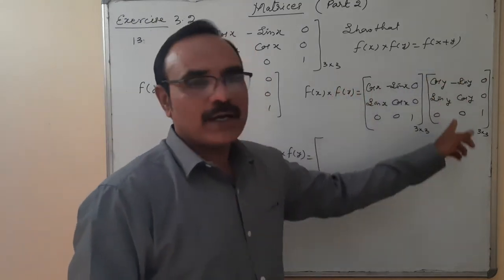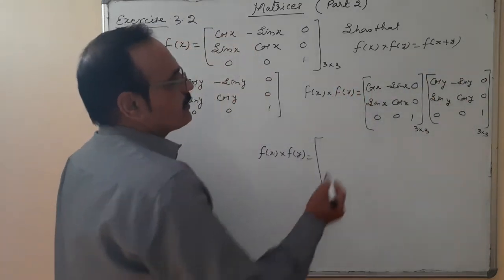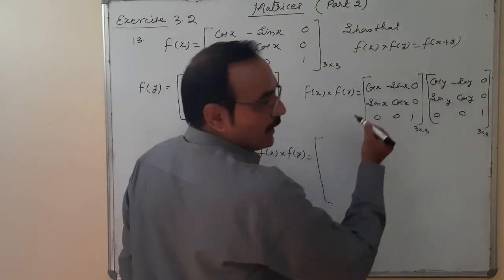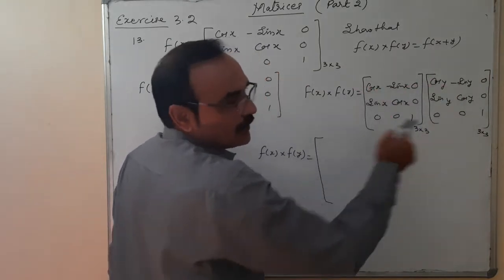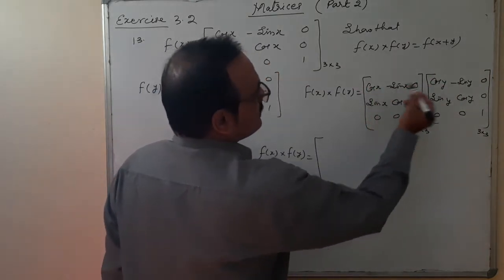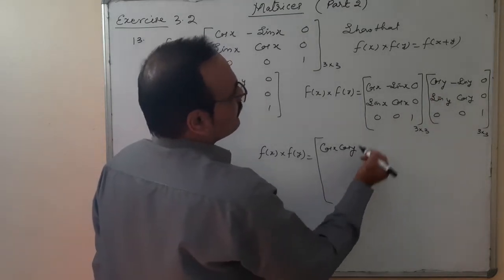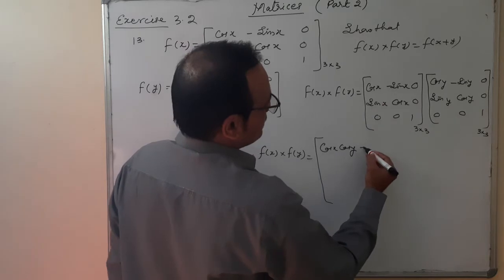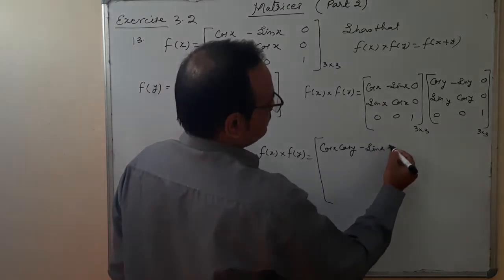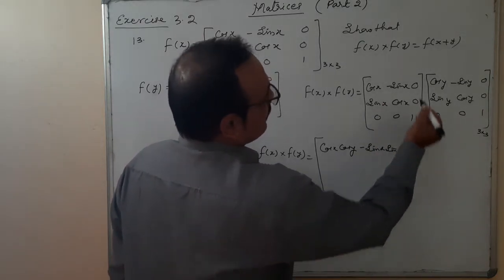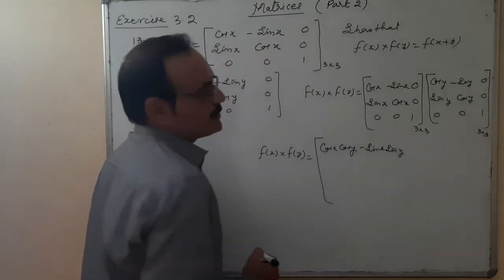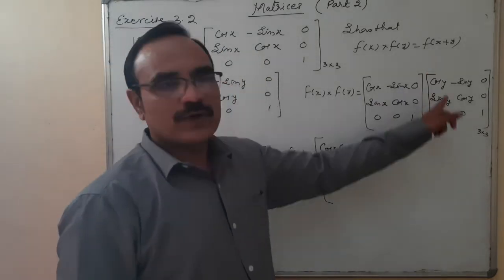How to multiply two matrices of 3 cross 3? First row multiplied by first column. Cos x, I am multiplying this row by that column. So the result is cos x cos y minus sin x sin y plus 0. That is first row, first column.